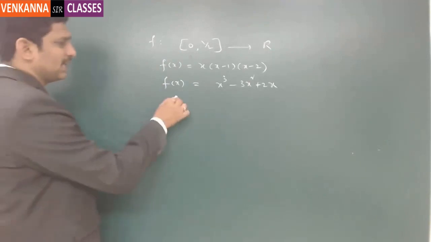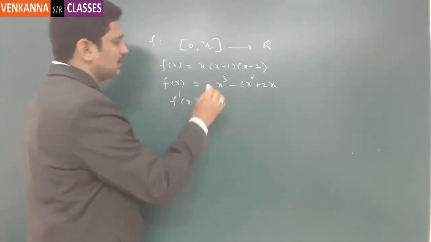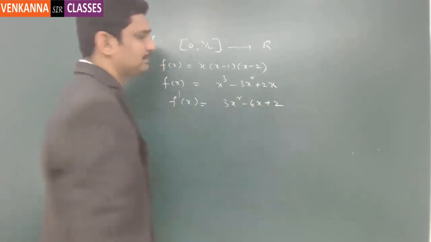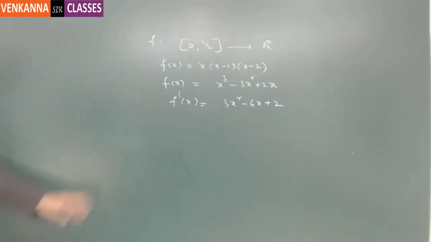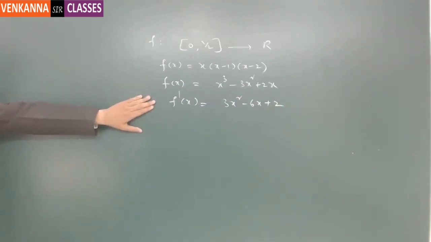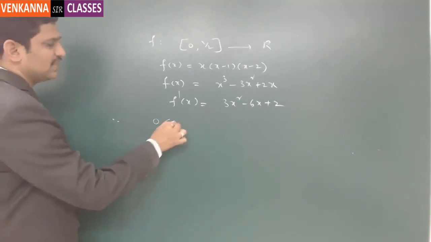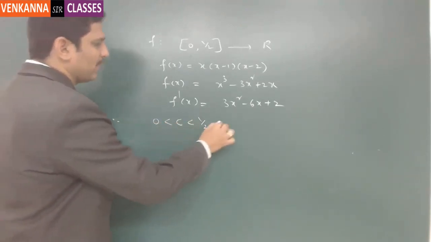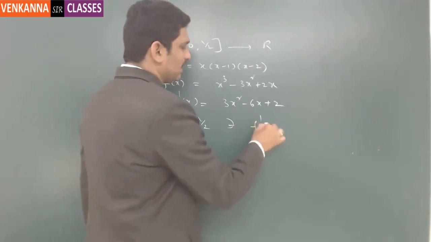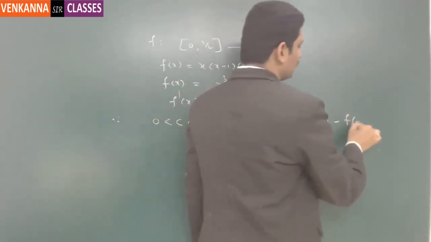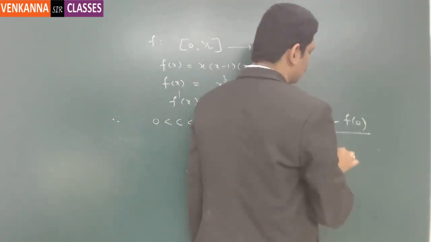Now, considering the differentiation part, f dash of x is equal to 3x square minus 6x plus 2. So, f is continuous as well as differentiable on the given interval. Hence, f satisfies Lagrange's mean value theorem. Therefore, there exists c lying between 0 and 1 by 2 such that f dash of c is equal to f of 1 by 2 minus f of 0 over 1 by 2 minus 0.